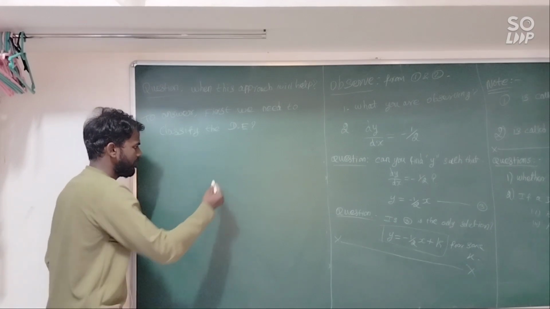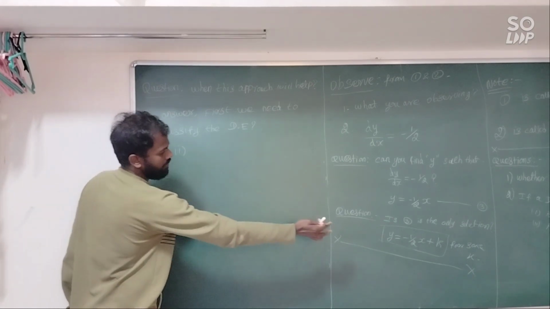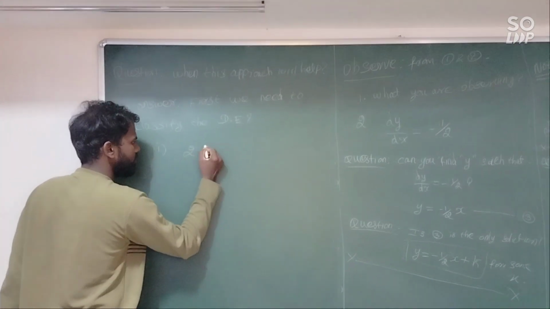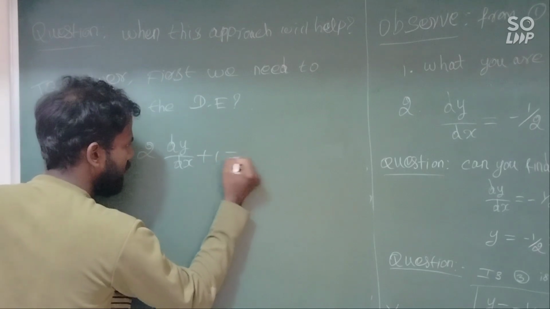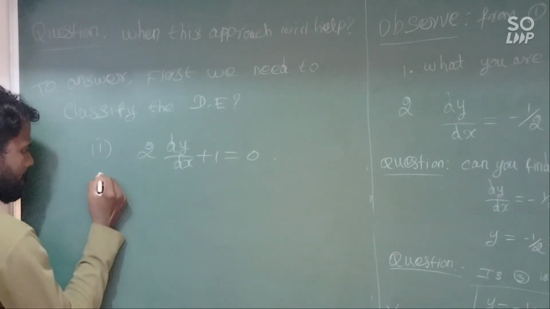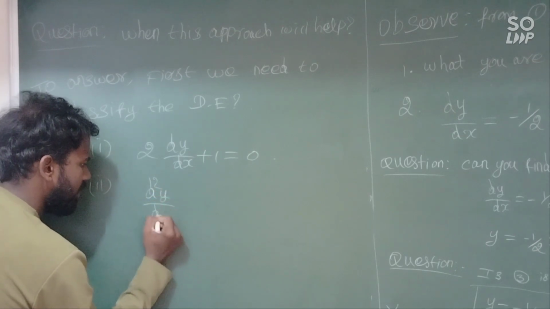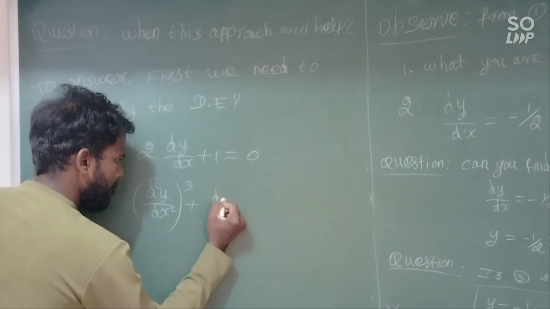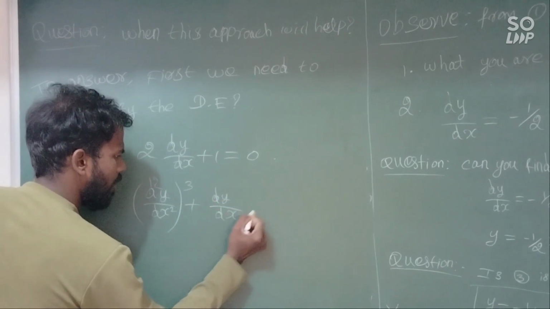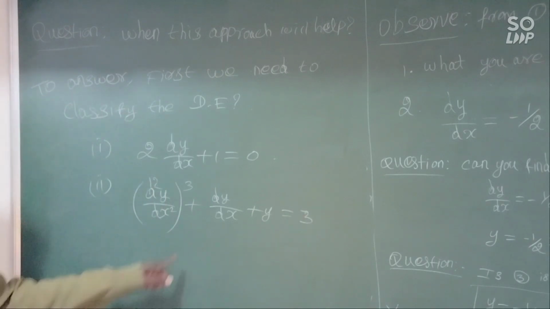For example, I will give some examples, then you can maybe realize it. I will consider the same example we considered: 2 dy by dx plus 1 is equal to 0, or d squared y by dx squared, and so on. So this is also a differential equation.